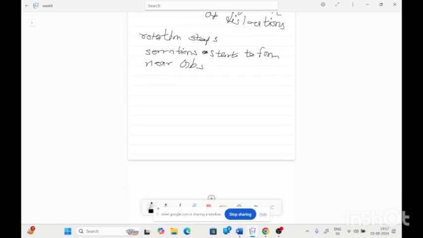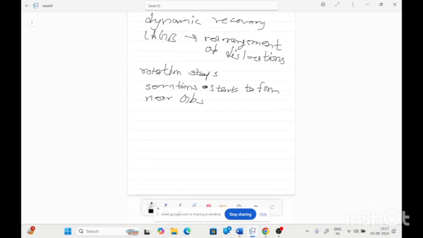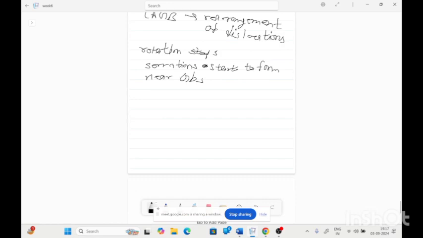This means that after the rearrangement of dislocations and lattice rotation, some serrations started to form with the further deformation process, and the serrations are because of the difference in strain energy in two grains.